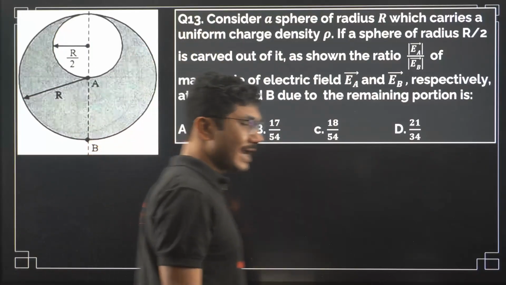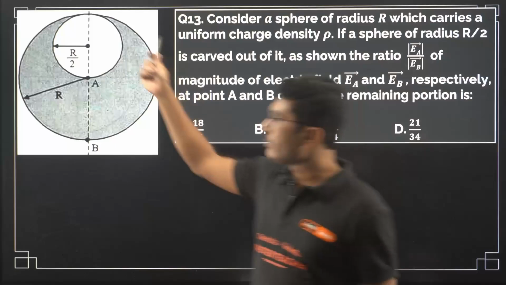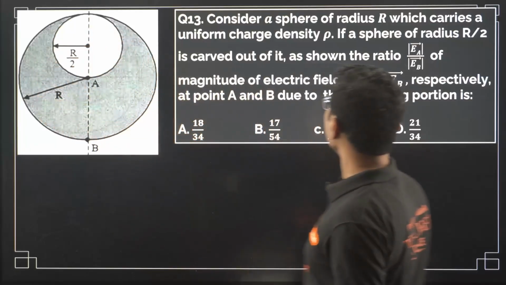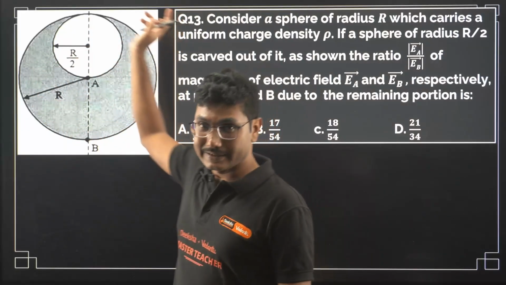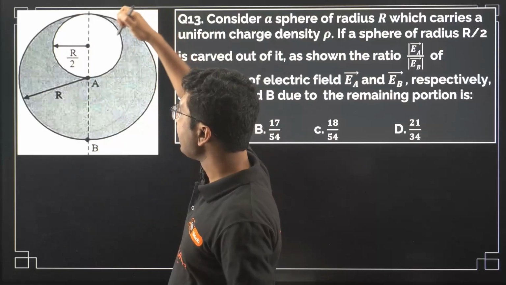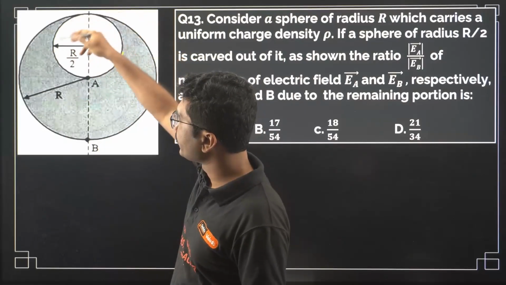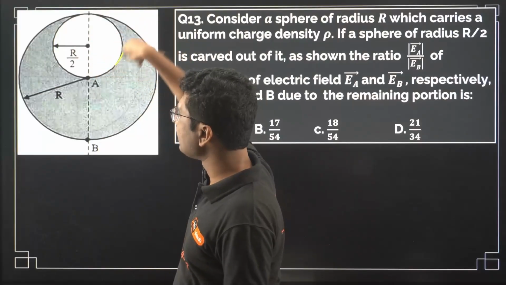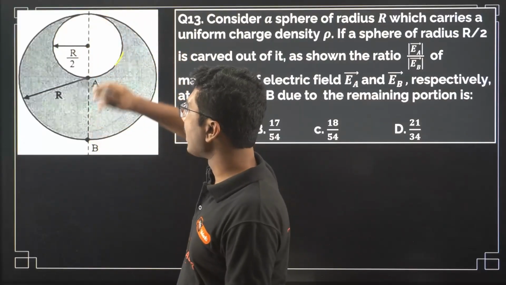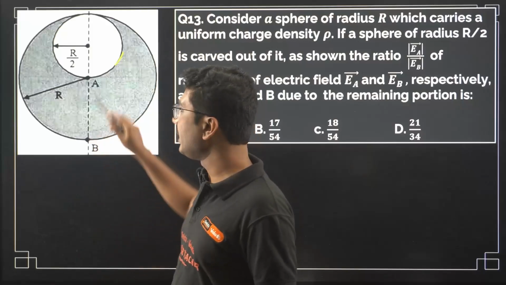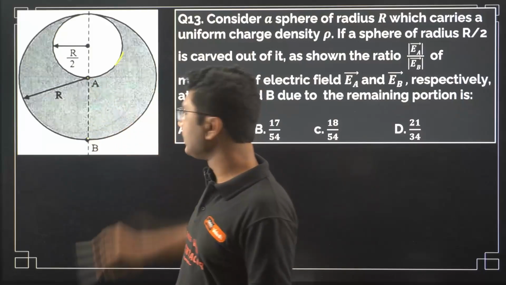So this is a very standard problem. Here we have a uniform sphere. It is not a ring, it is a sphere. You have carved out a portion from this. So you have cut this portion from the sphere. And what is the ratio of electric field at this point and this point?